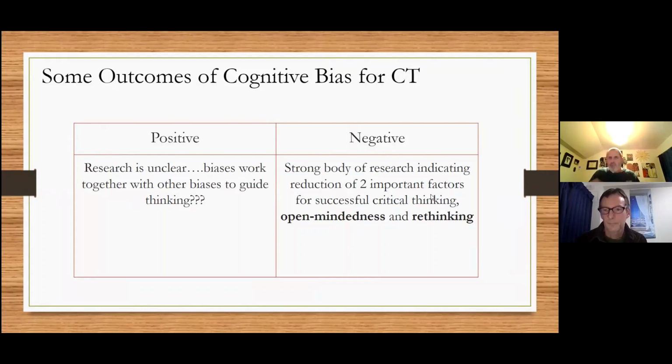There are only a few, in only certain situations. It's only one or maybe two papers right now, but it's a new avenue that research is trying to examine more. There are also some negative ones, of course. The strong body of research says that there are factors that impede critical thinking, open-mindedness, and rethinking.